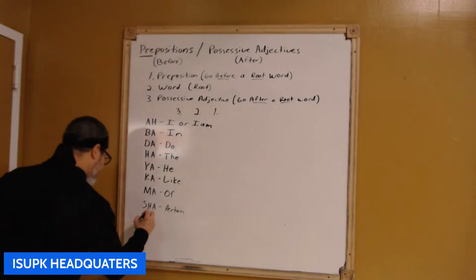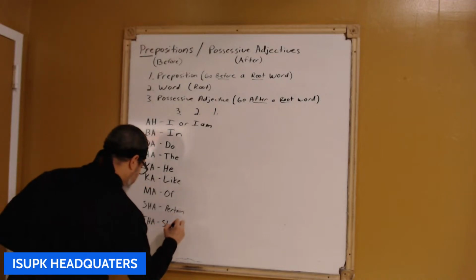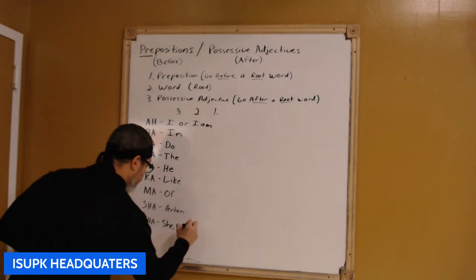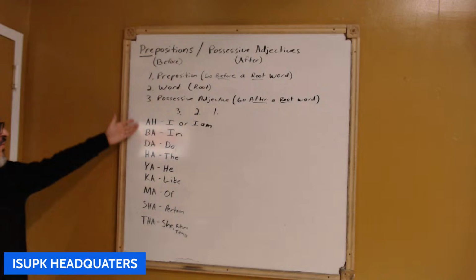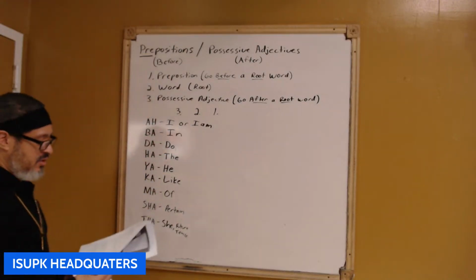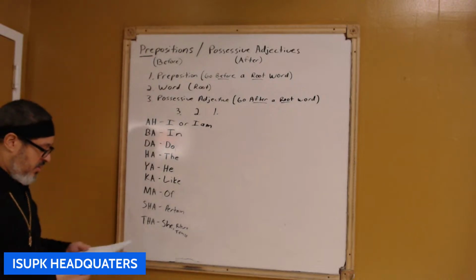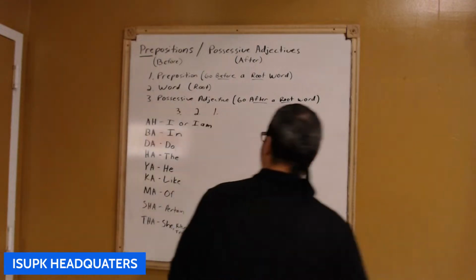And if you see a tha, it's she or future tense. Now that's the English, of course. We went over the Hebrew characters in the last section. I could draw them again if you like, but let's just focus on the English part to make it easy. We can add them again later if you need to.